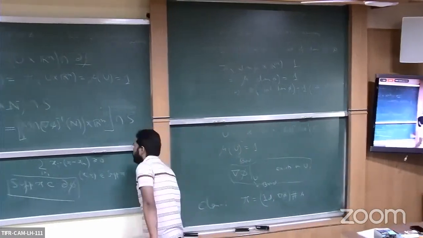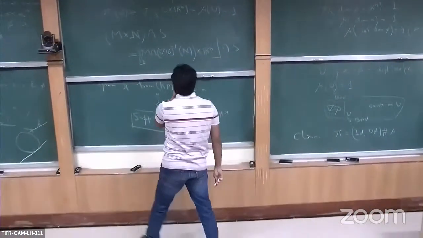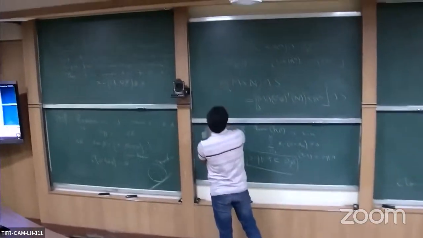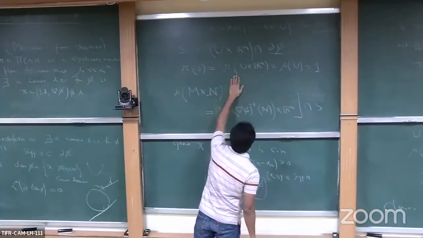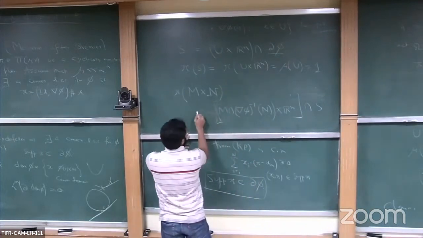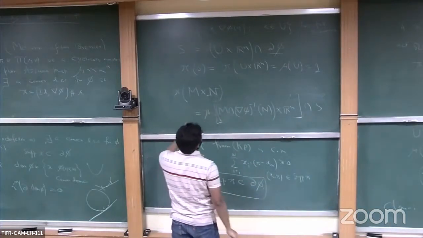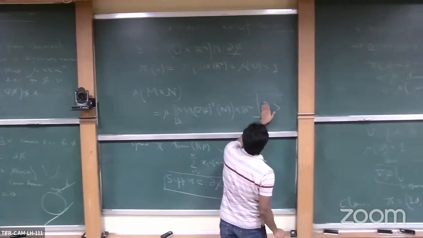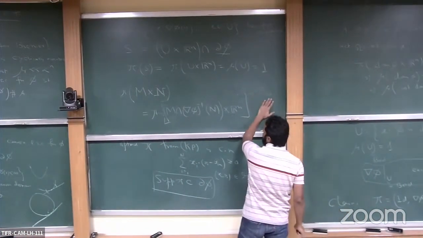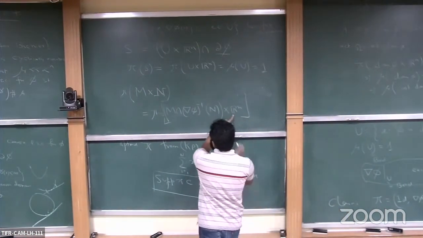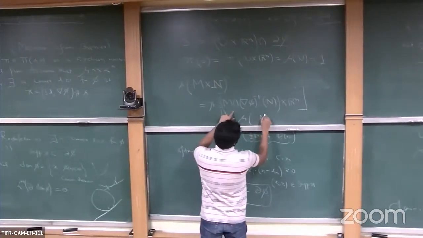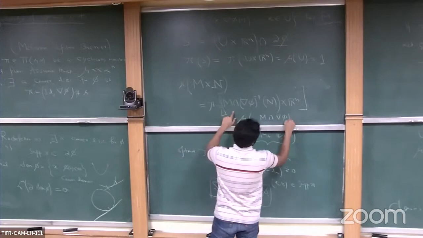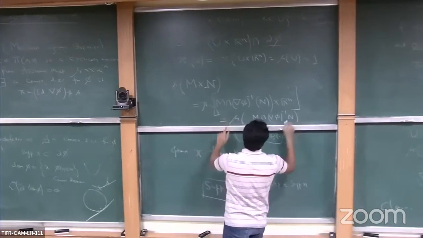So now you see, once you write this, you are done. So if I take pi, now pi has full measure, so I can just erase this S. This is pi. Again, S has full pi measure. I can just erase this S. Now this is Rn, right? So if I write a marginal condition, this is M intersection gradient phi inverse of N, right?